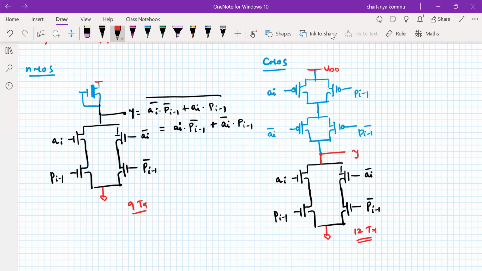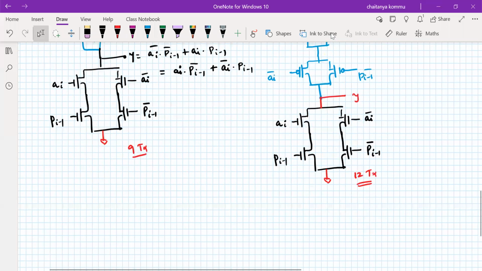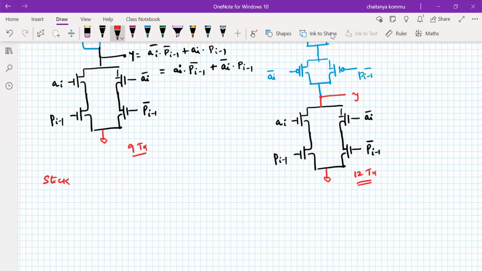But in the depletion load implementation, we find some difficulty, as we have to maintain a ratio. But in CMOS implementation, we need not maintain the ratio. Now for this CMOS circuit, we have to draw the stick diagram and layout. So what is the stick diagram? Please go through it once. I hope the color diagram is available; I will show you that.